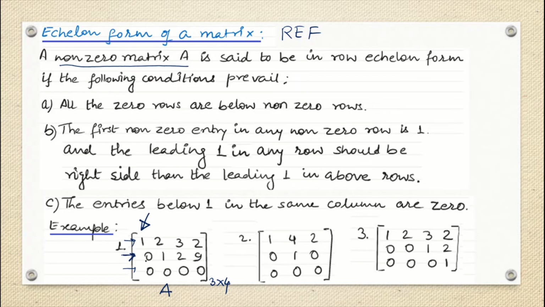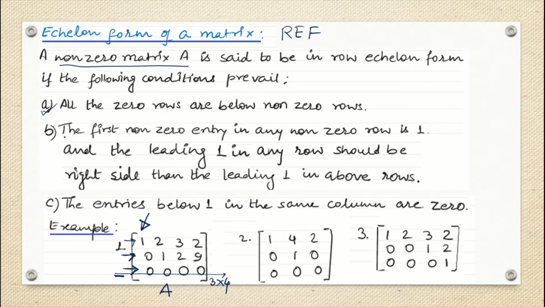Even this row is also a non-zero row, but this row is a zero row because all elements are zero in this particular row. But we cannot say that each and every matrix will contain a zero row. If we have a zero row in that particular matrix, then it should be below all non-zero rows. Fine. So yes, this condition is satisfied in this particular example.